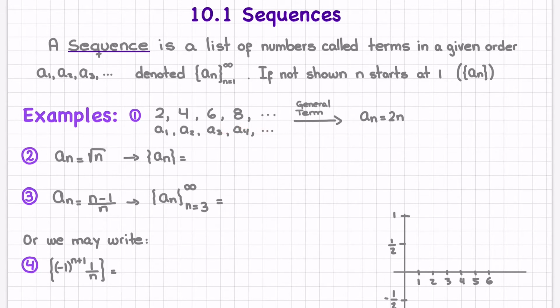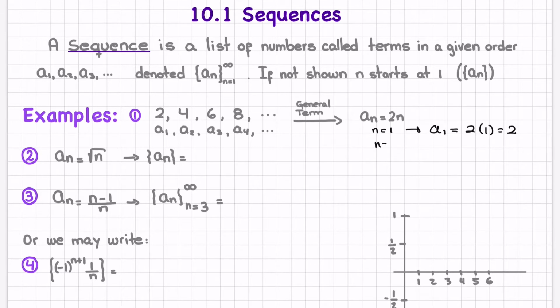We can give a sequence by giving what's called the general term. We all know that all even numbers can be written as 2 times a number, because if it is even, it's divisible by 2. So this would be the general term for all even numbers. When you plug in n equals 1, you get A1, which is 2 times 1, which is 2, the first even number.